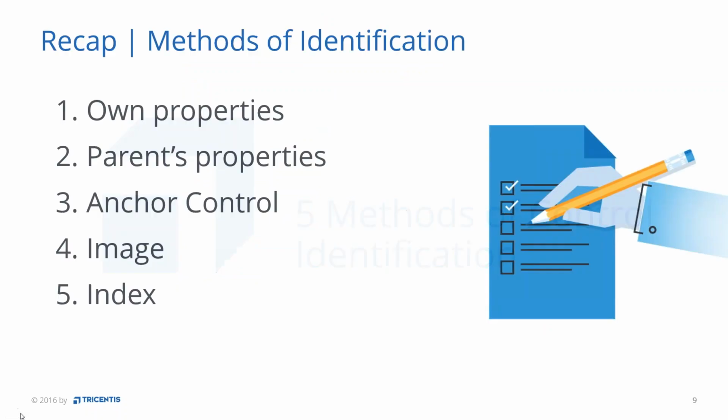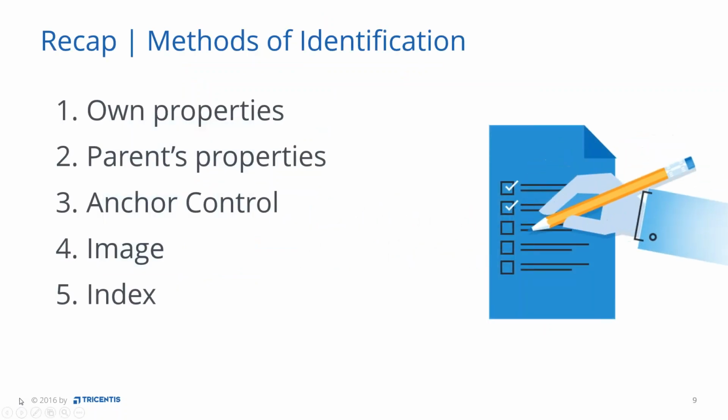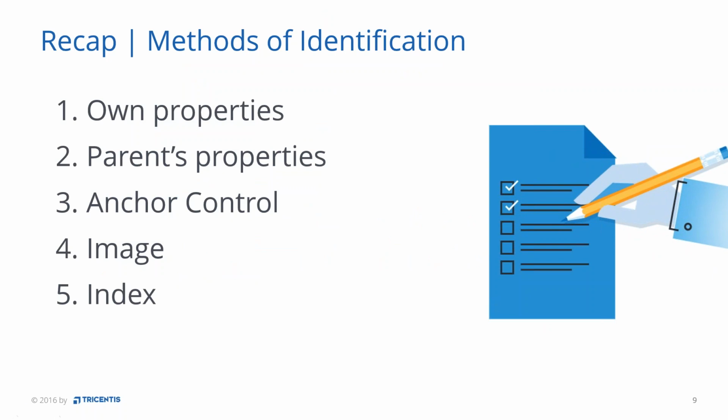Okay, so just a very quick recap. Sarah has discussed that there are 5 main methods of identifying controls: by their own properties, so the technical properties, the name, etc., the inner text, by the parent's properties, so that is the element that the control sits within.